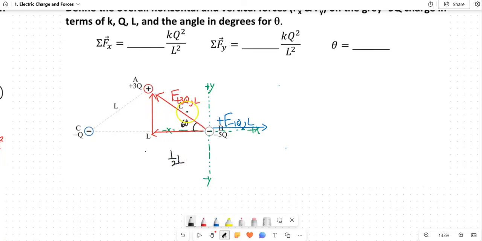And this distance would be an L, so you have cosine of theta, which is going to be adjacent over hypotenuse, which would be the 1/2 L over the hypotenuse, which is L. So cosine of theta is going to be equal to 1/2, since the L's will cancel out.